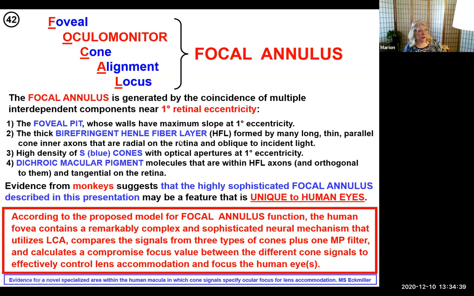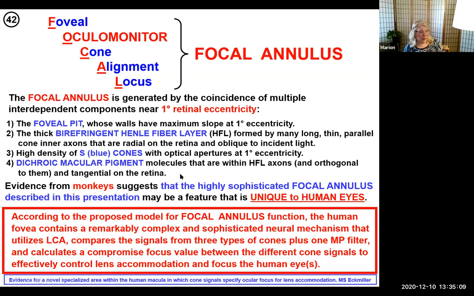There's a thick birefringent Henle fiber layer formed by many long, thin, parallel cone inner axons that are radial on the retina, oblique to incident light. There's a high density of S cones with their optical apertures at 1 degree eccentricity. There are dichroic macular pigment molecules that are within the HFL axons, orthogonal to the axons and tangential on the retina.